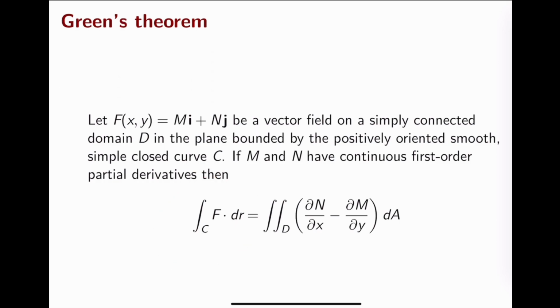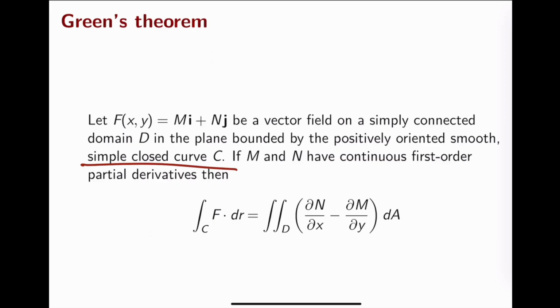And so what this result says is that if we have any vector field on a simple connected domain in which the domain is bounded by a simple closed curve.